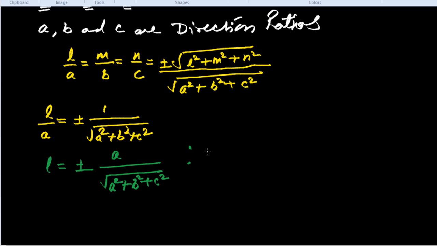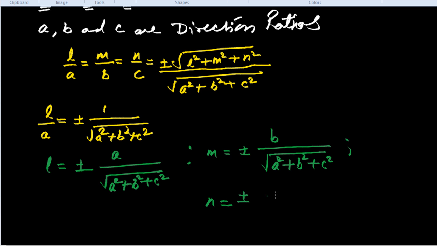Similarly, m is plus minus b over root of a square plus b square plus c square, and n is equal to plus minus c over root a square plus b square plus c square. So in this way, if they have given us the direction ratios, we could easily find the direction cosines by putting these values for a, b, c.